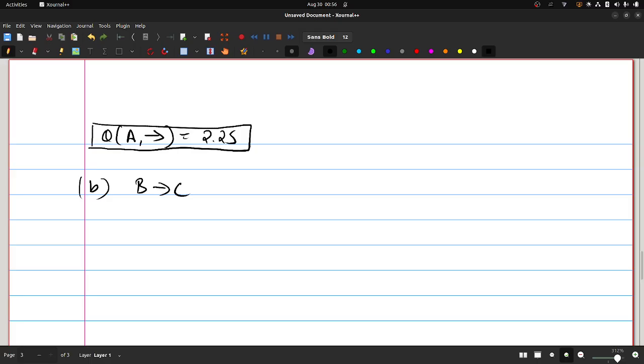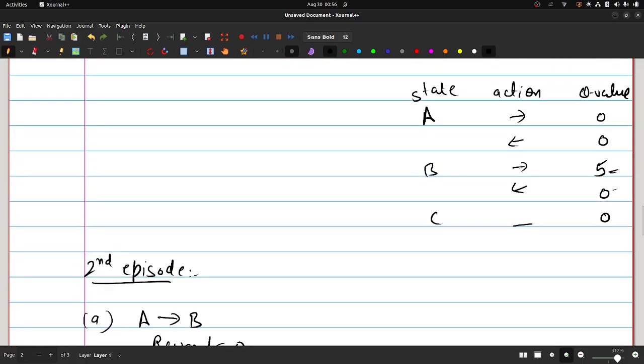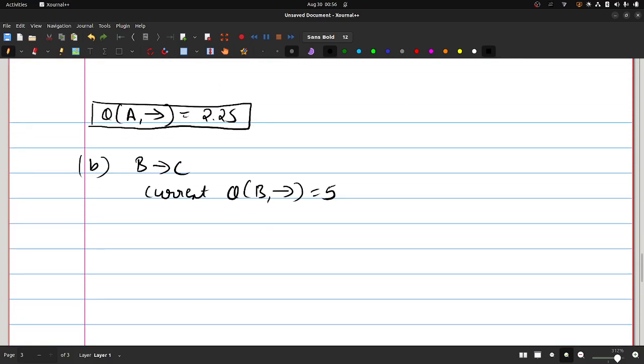Now we need to go from B to C in the second episode. What is the current Q value of B when it takes a right action? It is equal to 5, this one, and the reward that it will get from B to C is plus 10.